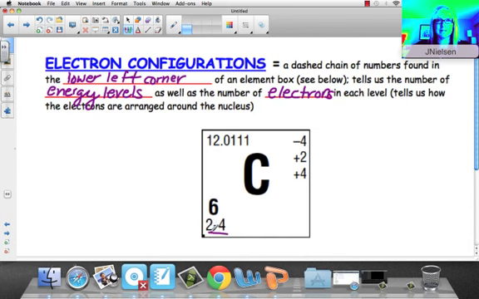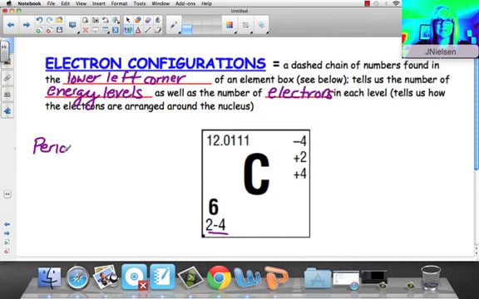So what this tells us is that in energy level 1, there's 2 electrons, and in energy level 2, there are 4 electrons.